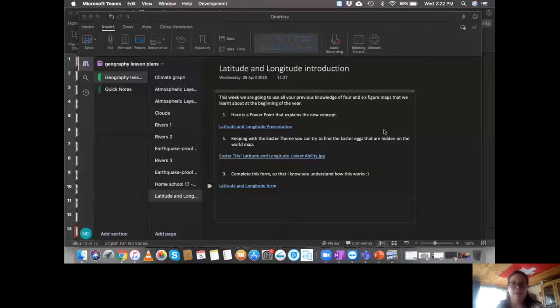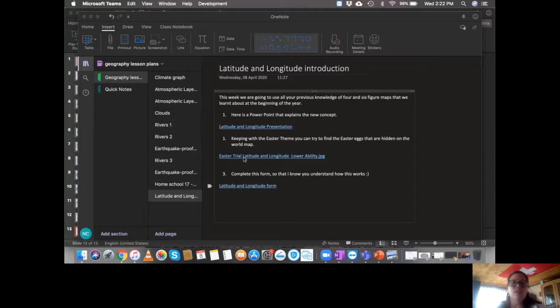If I show you my screen again, and we look at my OneNote, you will see that there is one called Latitude and Longitude form. I'd like you to fill that in to check that you know what's going on.